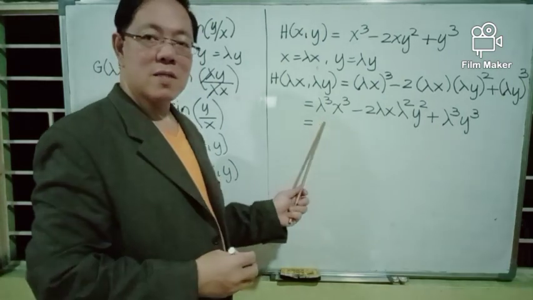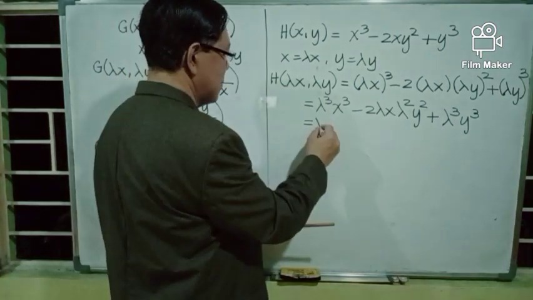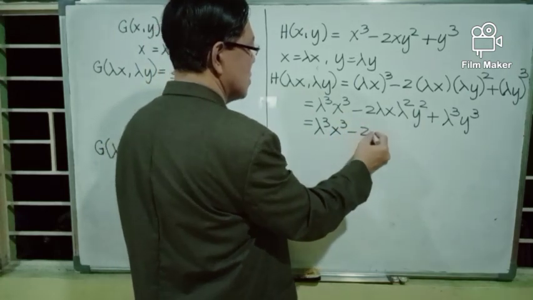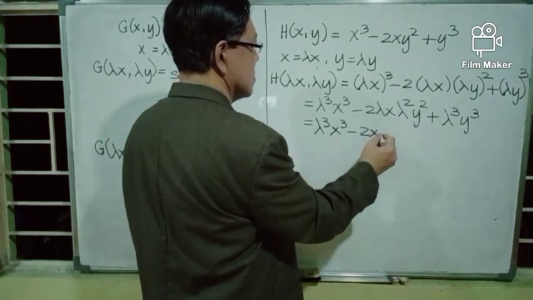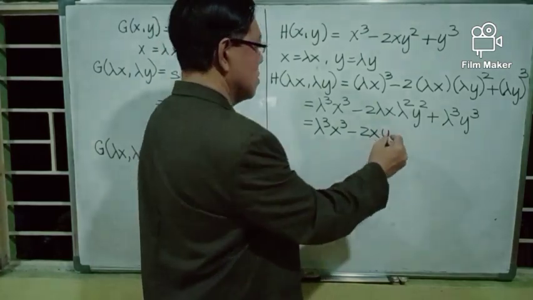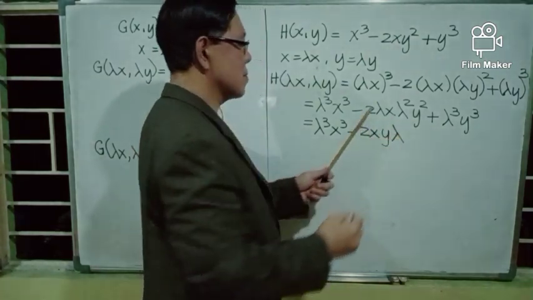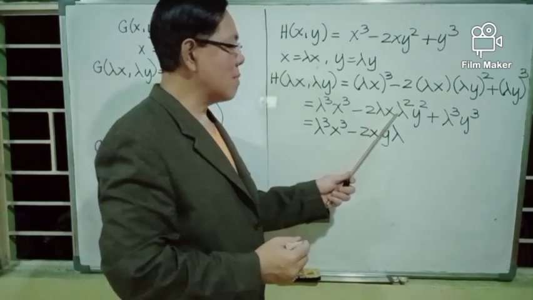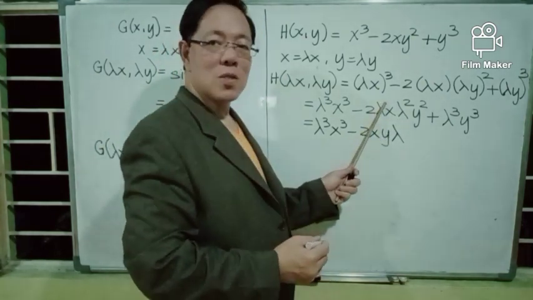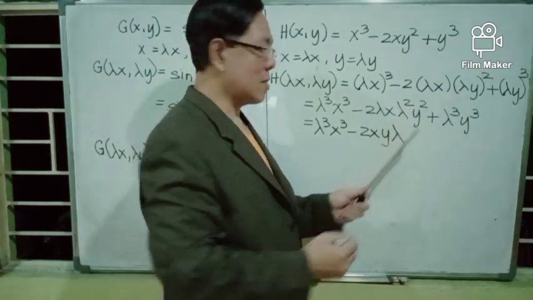The first term is lambda cube multiplied by x cube, minus 2 multiplied by x multiplied by y multiplied by lambda cubed. Now we multiply lambda by y squared. The common base is y. We add the exponents. 1 here plus 2 here is 3.